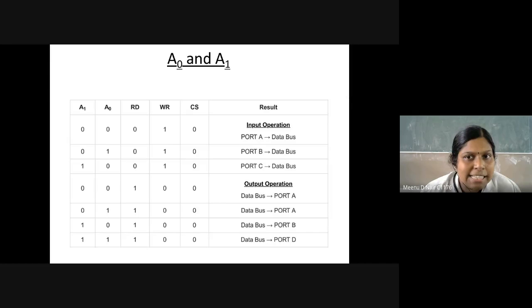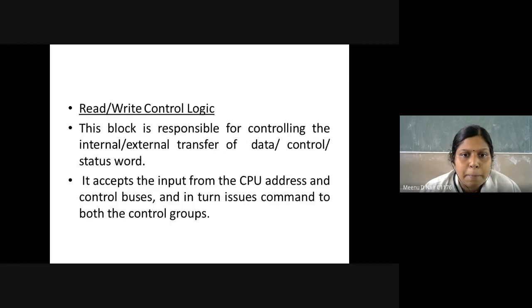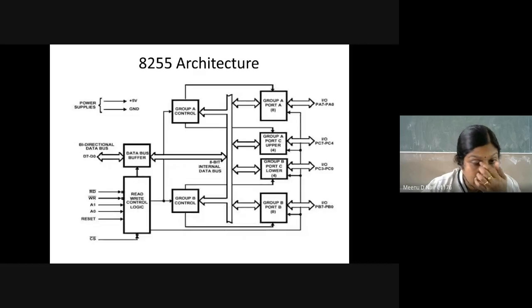This is the A0 and A1 operation. The A0 and A1 signals available in your 8255 select which port has to be selected. So 0 0 is port A, 0 1 is port B, 1 0 is port C, 1 1 is the control word.